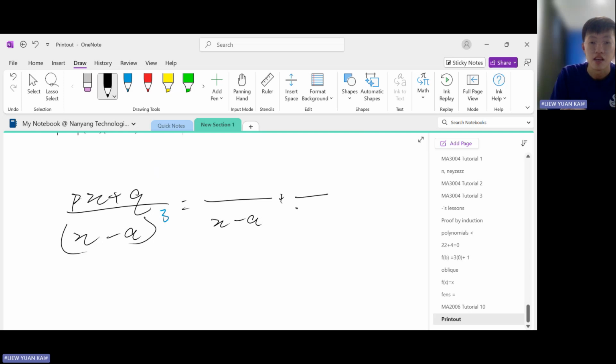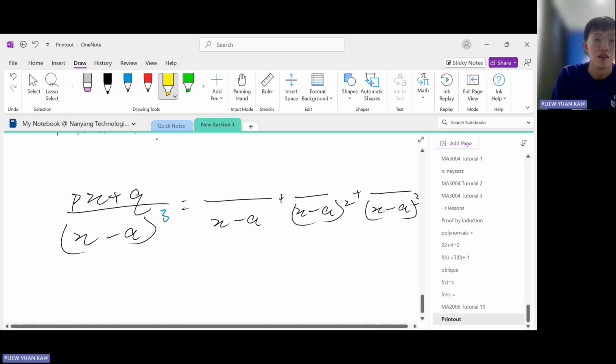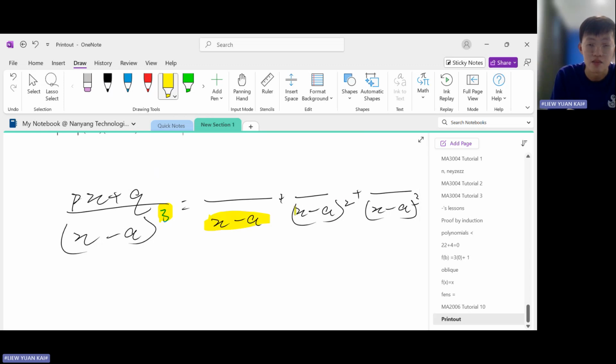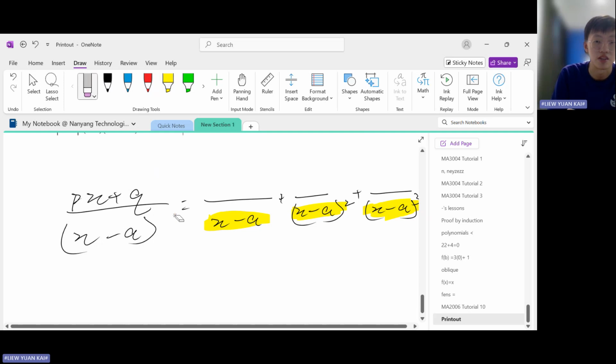Next will be x minus a to the power 2. The next will be x minus a to the power 3. You see what I mean? Because this is 3, I need to keep accumulating it until it reaches x minus a to the 3. So this is x minus a to the 1, x minus a to the 2, x minus a to the 3.